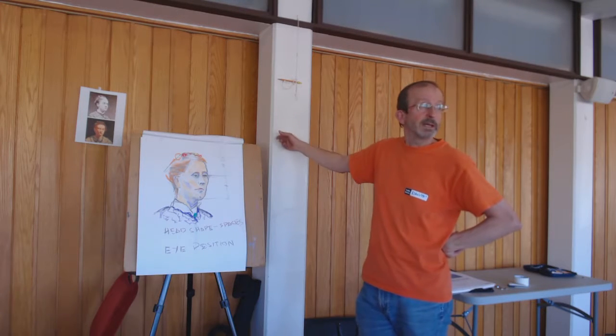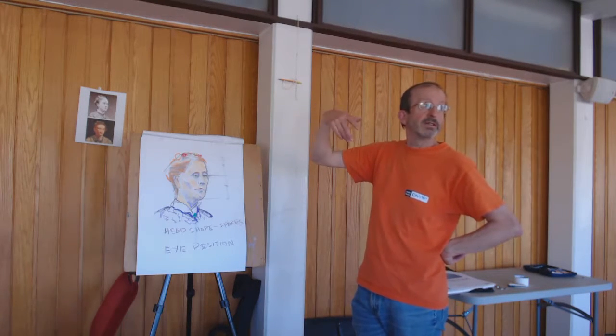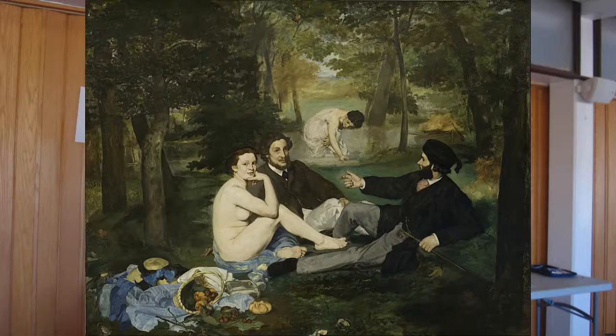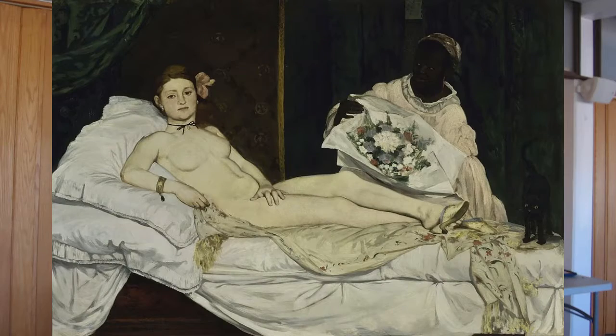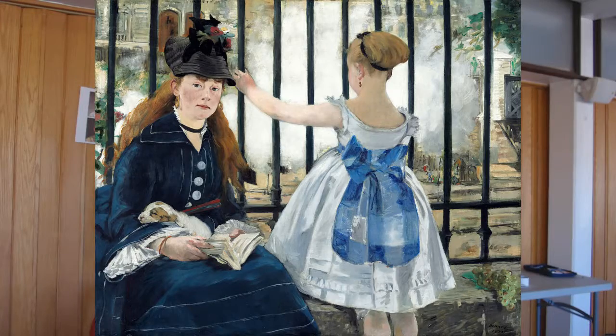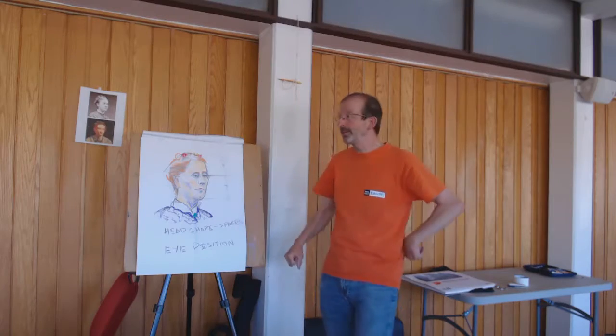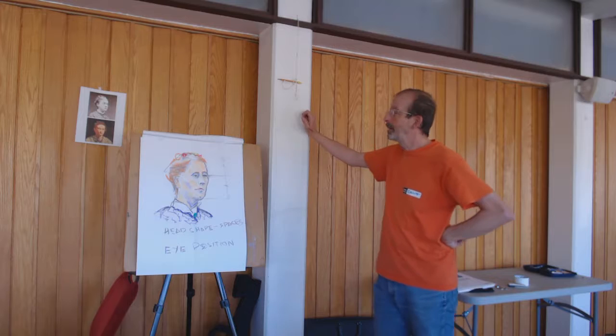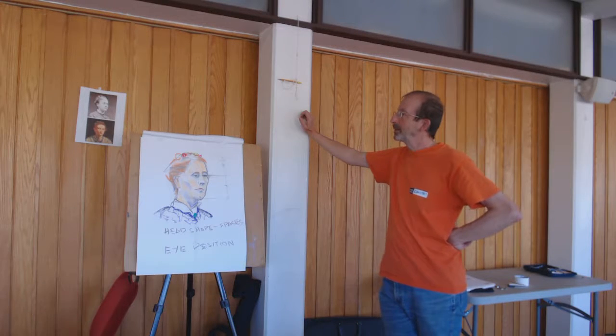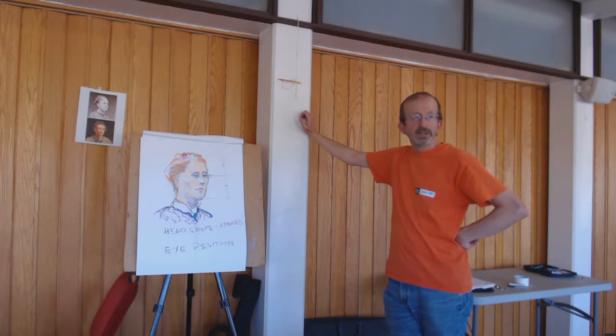And you see that in all his paintings, because she's in Déjeuner sur l'herbe. She is Olympia, right? She's the nanny looking after the child in the painting of the railway, looking through the railway bars.